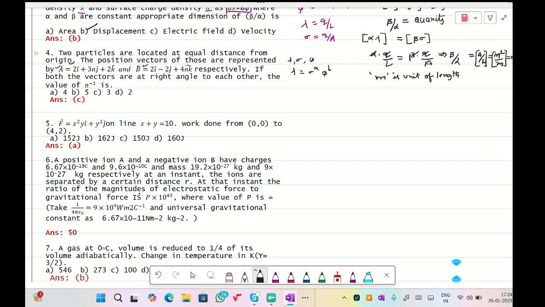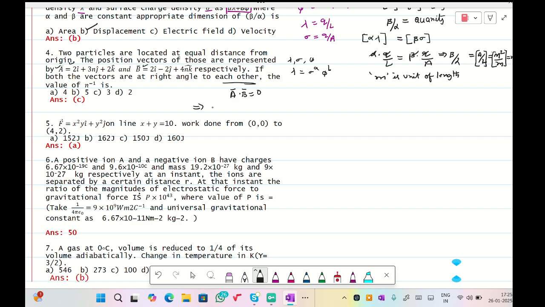The position distances are equal, which means the magnitudes are equal, and both vectors are at right angles to each other. Right angles means perpendicular vectors, so the dot product A dot B is equal to 0.